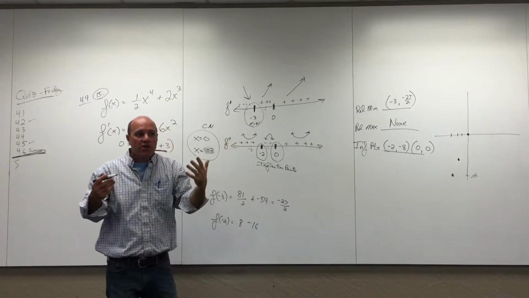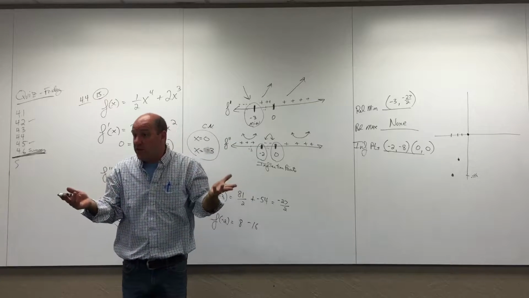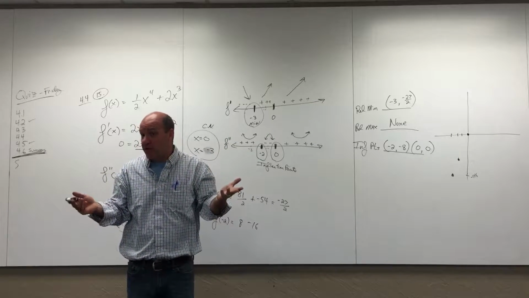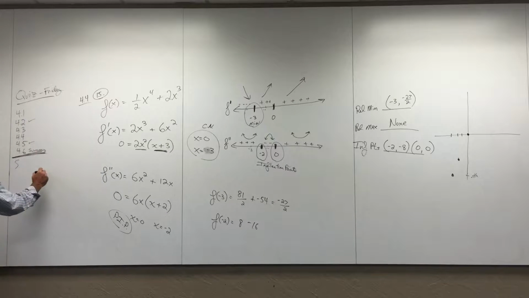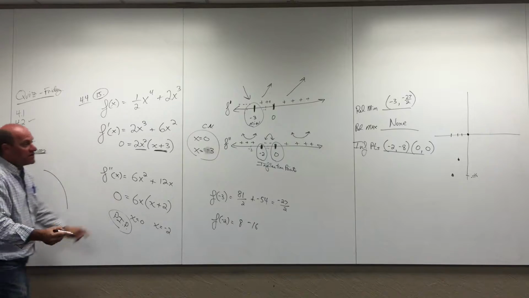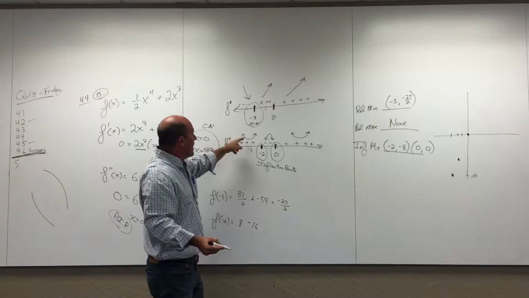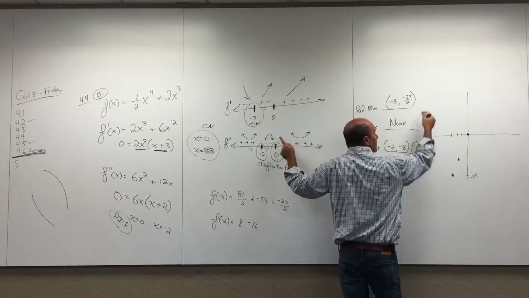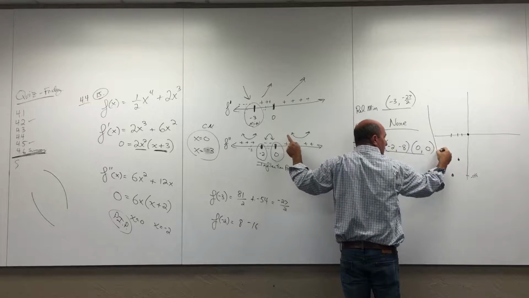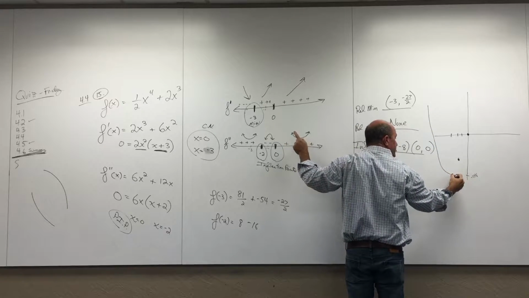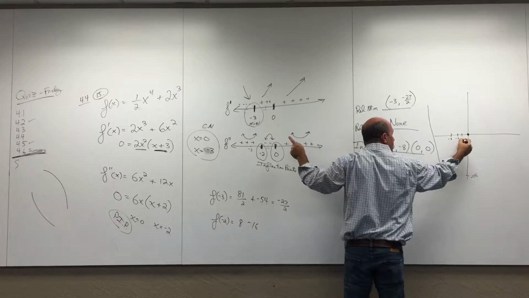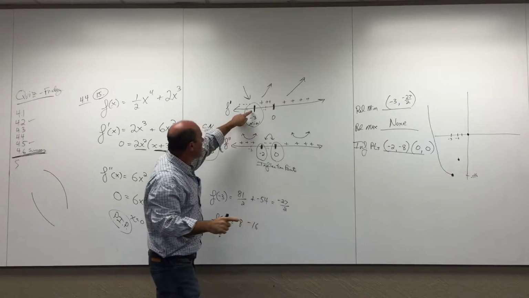See, that's the phrase. There are two ways to decrease: you can decrease concave down, or you can decrease concave up. So I'm decreasing concave up, way over here to the left, until I hit this negative 3 right here, right? All right, hold on. What happens after I hit negative 3?